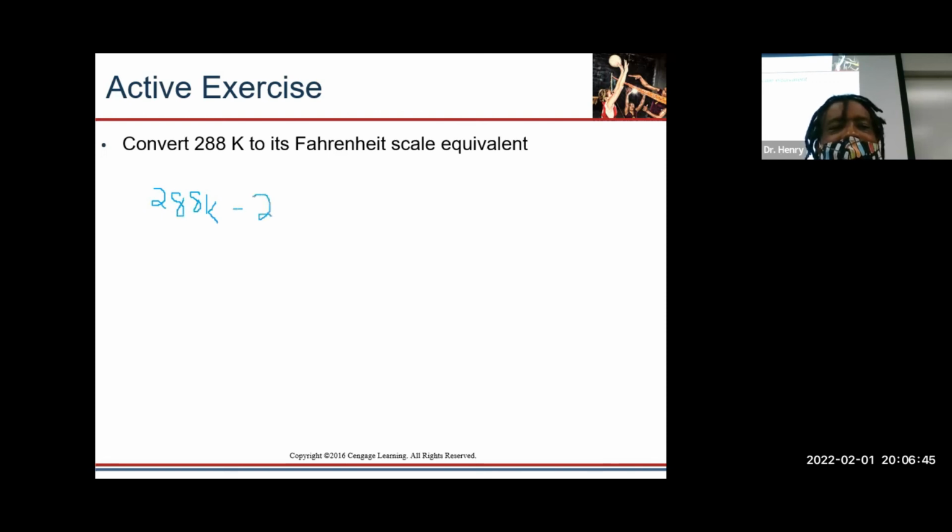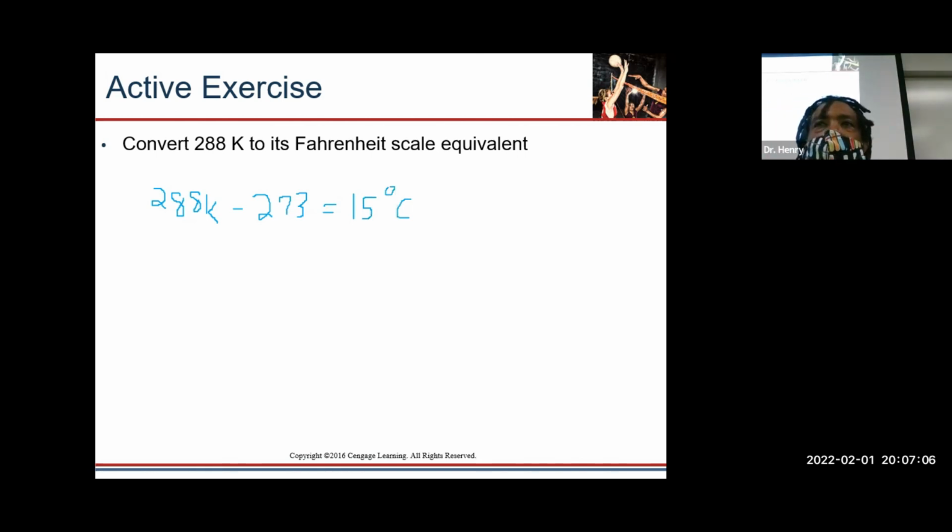Yeah, that doesn't work. So we're going to subtract 273. So that gives me 15 degrees Celsius.